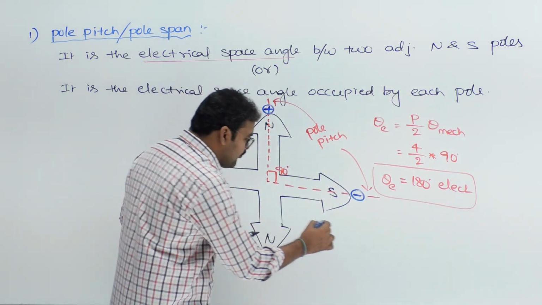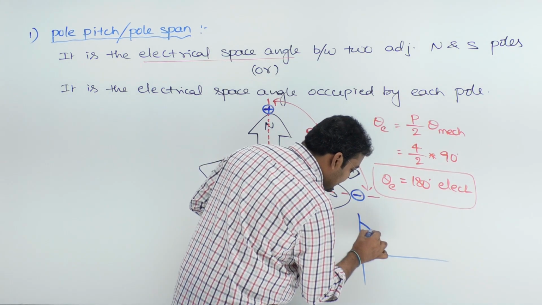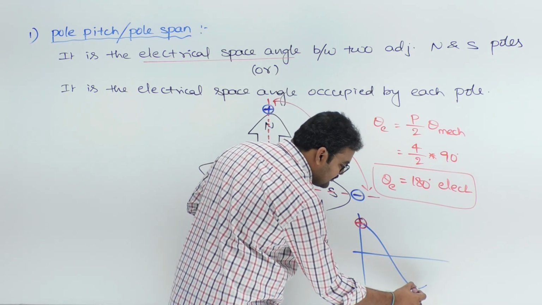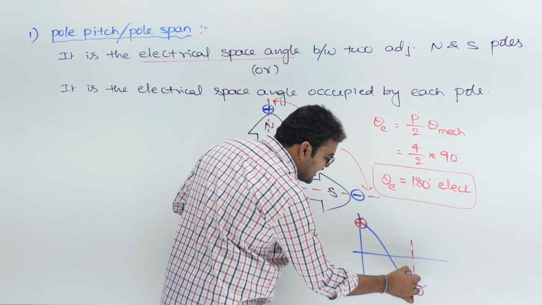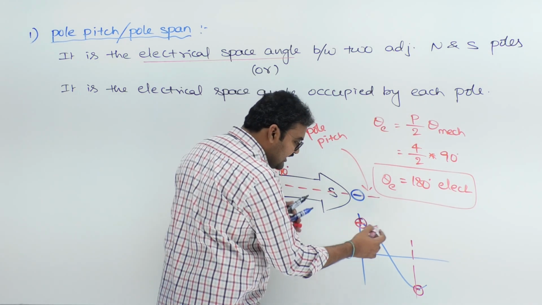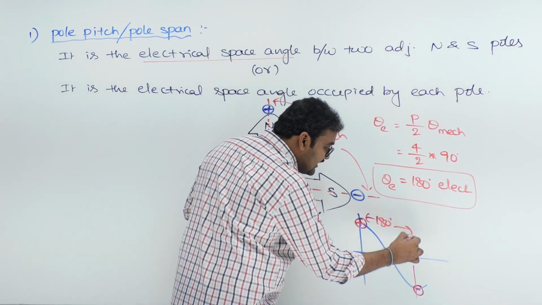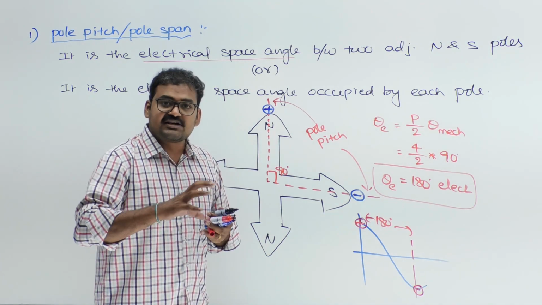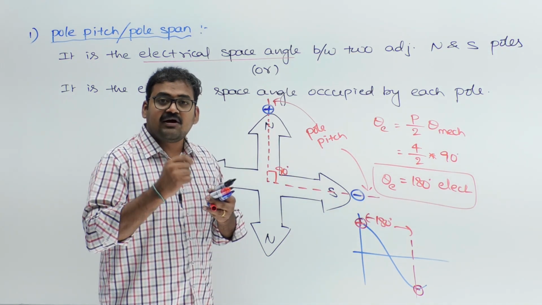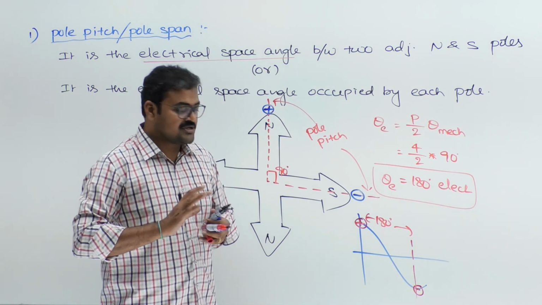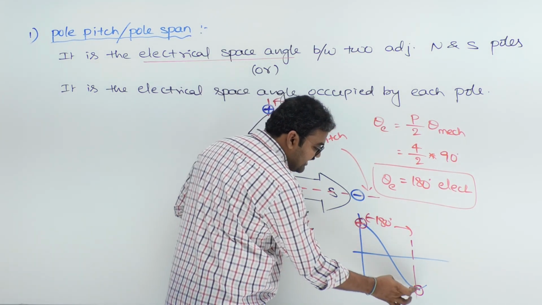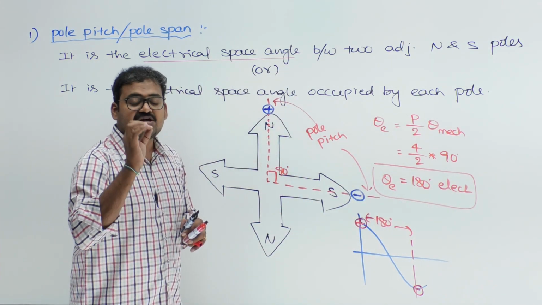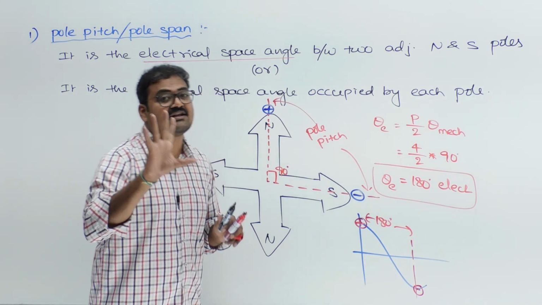If you draw a waveform, from a positive maximum value to a negative maximum value, how much angle will be available sinusoidally? 180 degrees. Whenever I express a flux wave or EMF wave, I have to represent it in electrical terms, and electrically from a positive maximum to a negative maximum there are 180 degrees only. That's why pole pitch is always 180 degrees electrically.